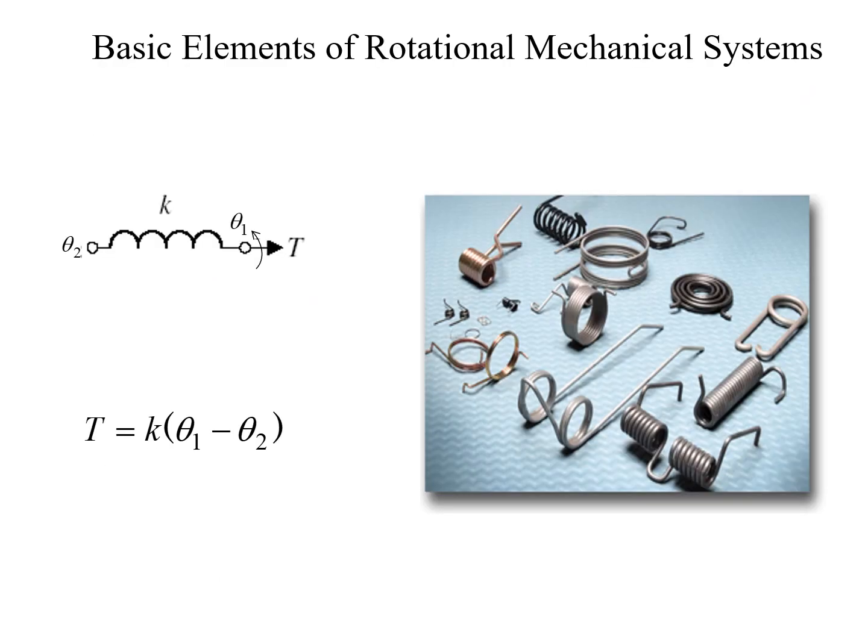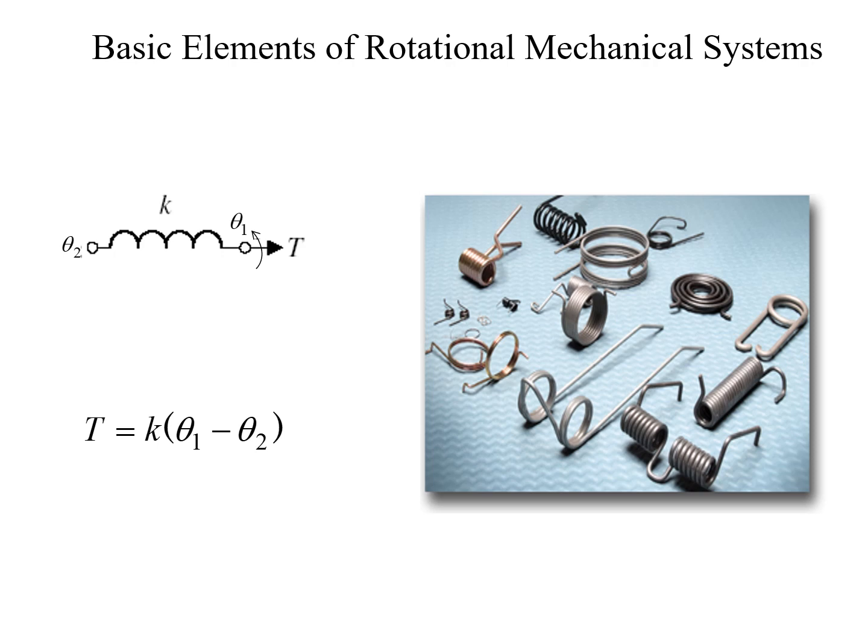Now coming to the basic elements of a rotational mechanical system, we have three important basic elements: a spring, a dashpot or damper, followed by an inertia element. We call this a rotational mechanical system because the type of motion we are going to experience in this system is rotational motion.